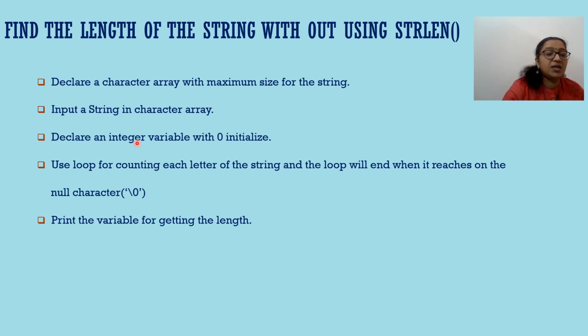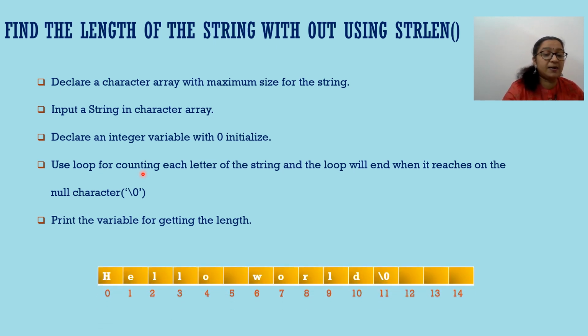Got it? Now, the next point is use a loop for counting. Why are we using the loop? Yeah, we want to move that integer variable, that focus, from one position to the next and to the next. Till where? Yeah, when it reaches the null character. Just see the example here. This is one character array for an example, and here I input hello world.